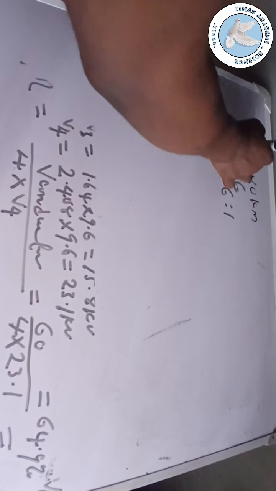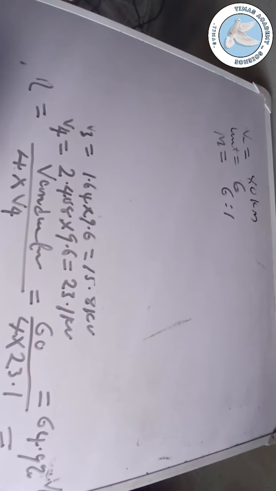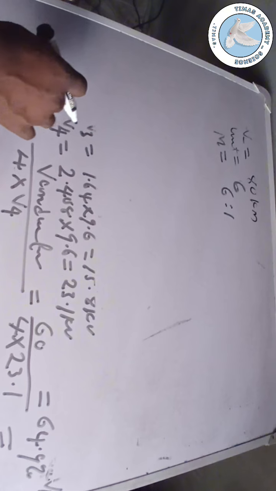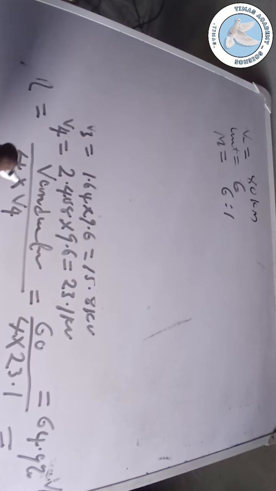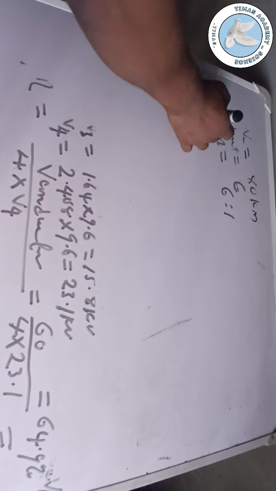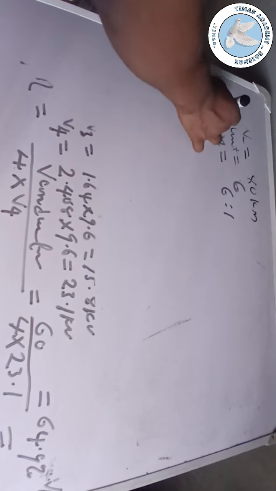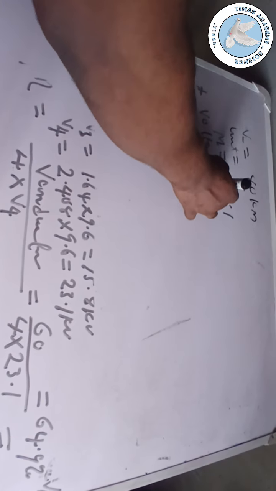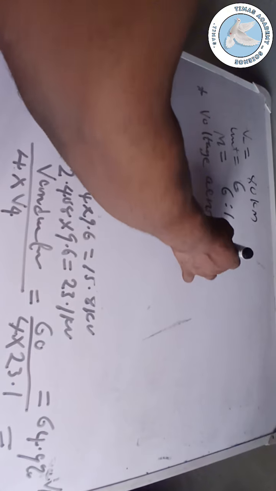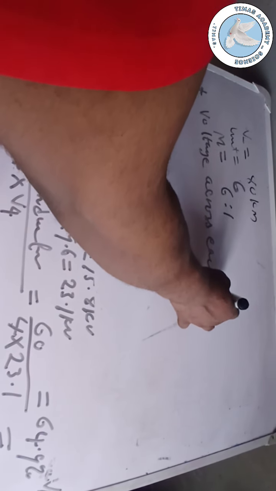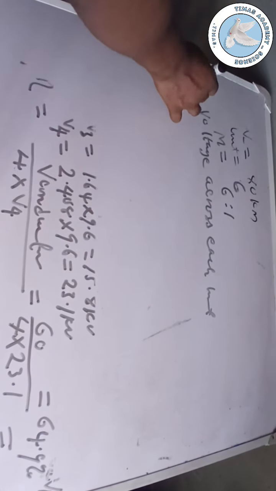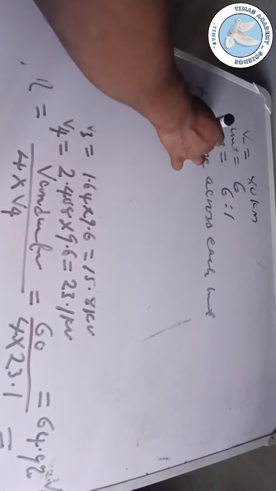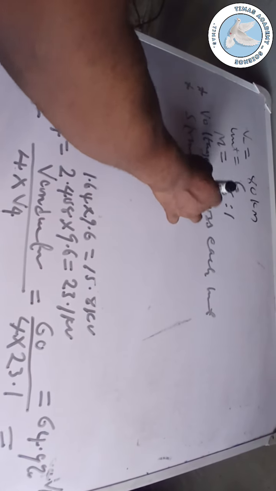So please try your hands on this. What will be the voltage across each of the insulator units, and also the string efficiency?